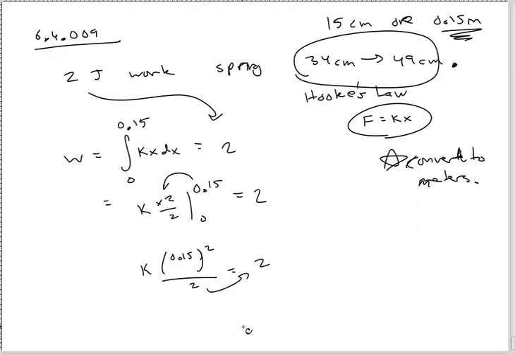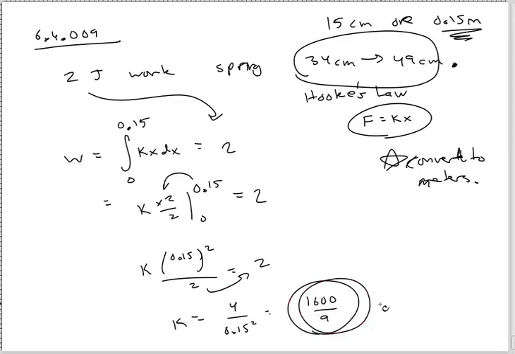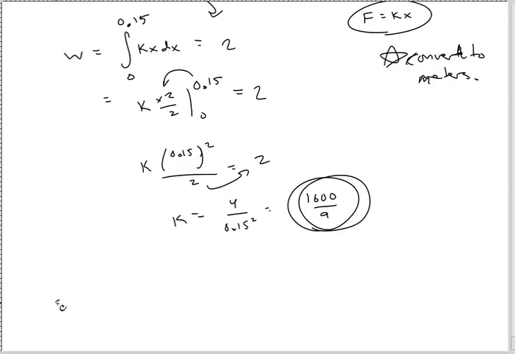That's going to end up being a 4, and then we're going to divide. So 4 divided by 0.15 squared. Do I have an answer? I do. It's going to be 1600 over 9. Just keep it that way. It's fine. All right, so there's my K.